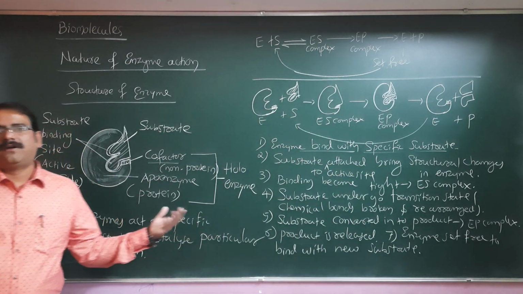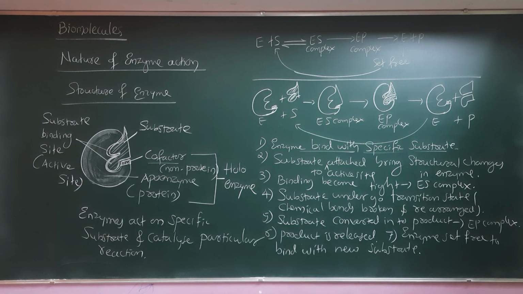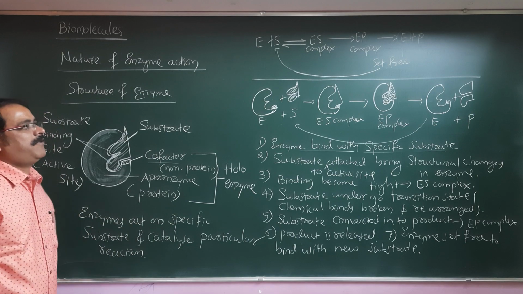This is what we observe basically. Yes, here what you are observing mainly is the nature of enzyme action, the structure of enzyme, what we have seen. Mainly the enzyme binds with the specific substrate and then ES complex is formed, EP complex is formed, then enzyme is set free by releasing the product.